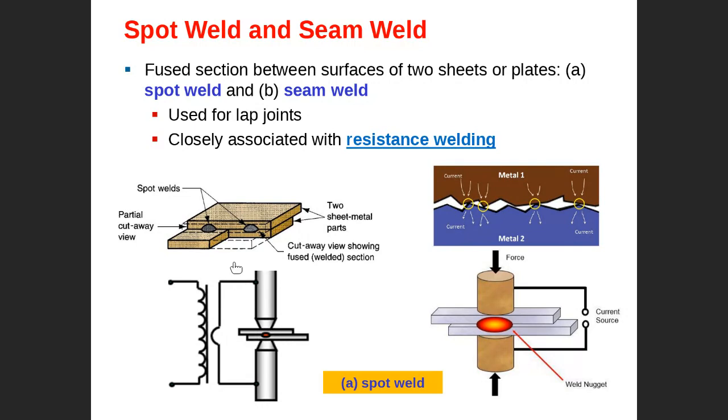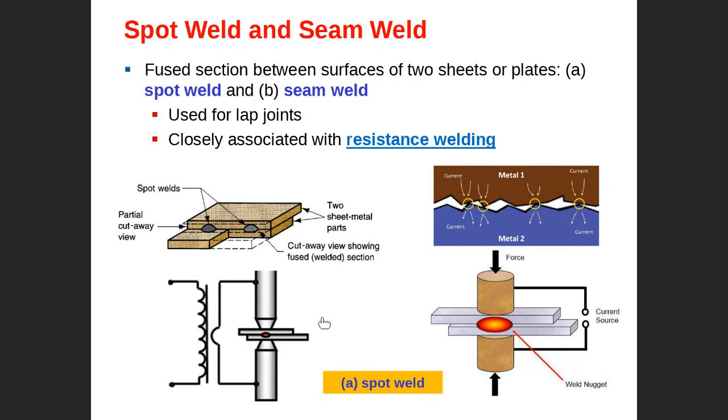You connect the power here, then current will pass from up to down. Weld will happen here between the two parts, where the highest resistance is located.